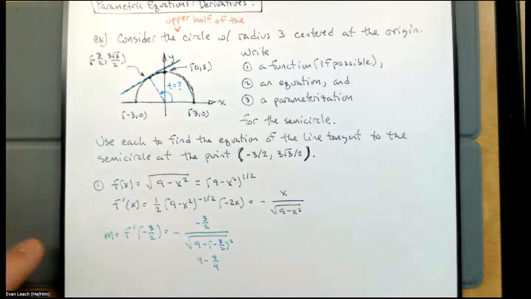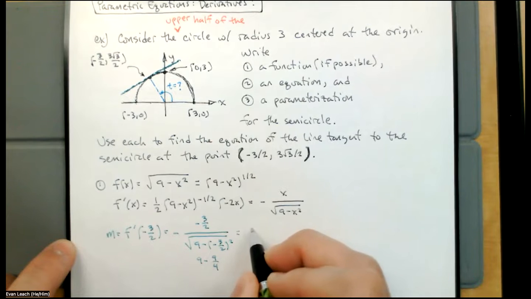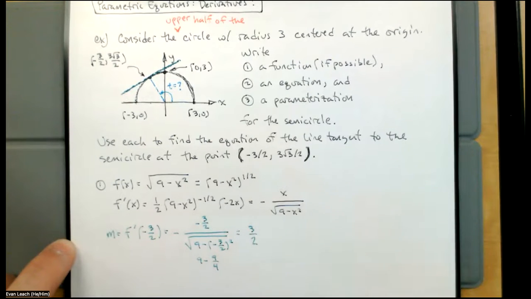The negatives cancel, so I'll have 3/2. 4 times 9 is what, 36? Yeah, so it's 36/4 minus 9/4. Oh, now I have to do 36 minus 9 is what, 27?